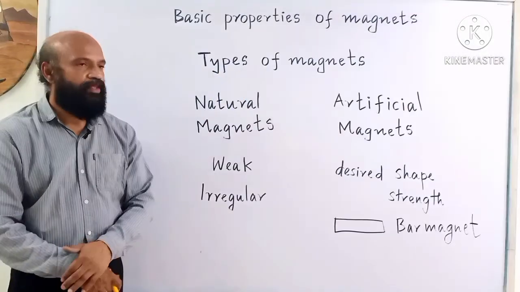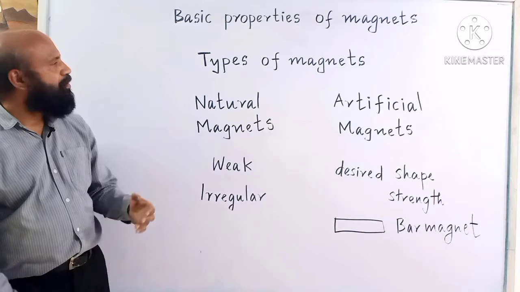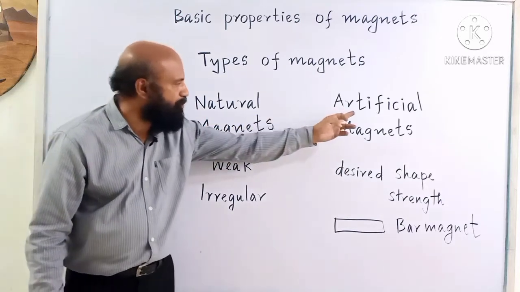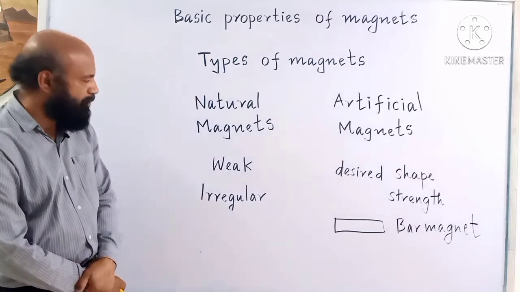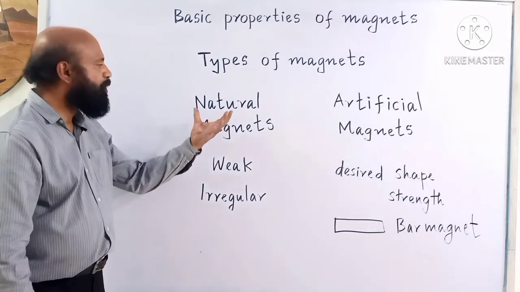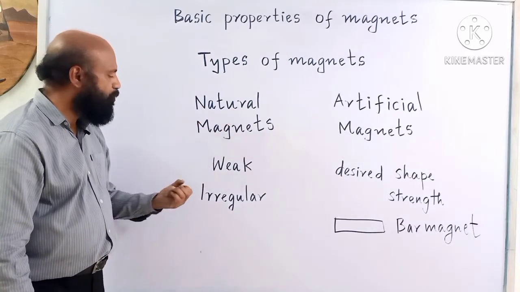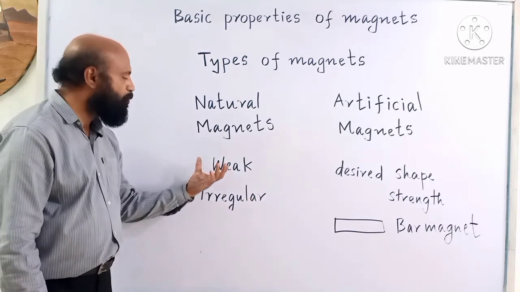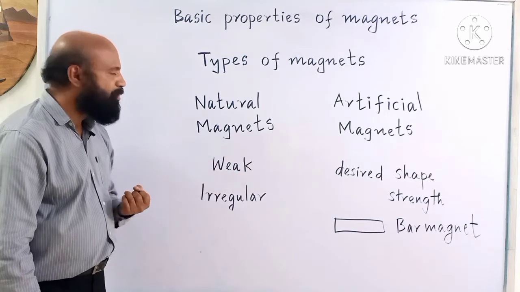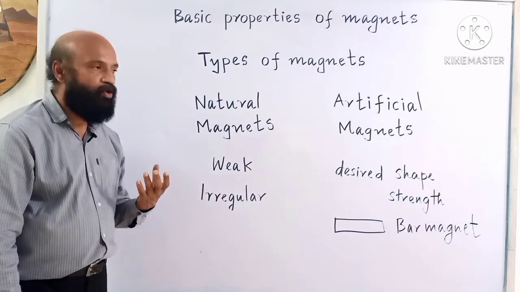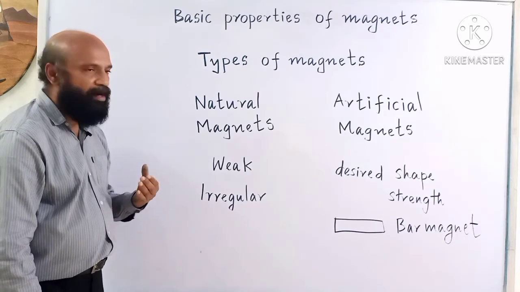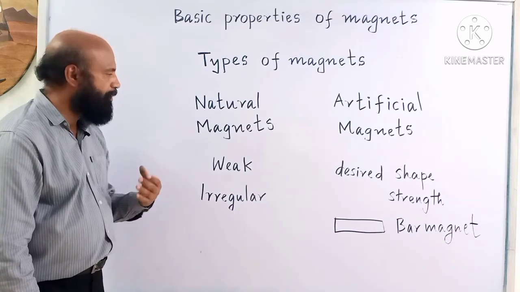Types of magnet. There are two types: natural magnets and artificial magnets. Naturally occurring magnets are of irregular shape and are weak. For example, hematite, an ore of iron, will attract pieces of iron.